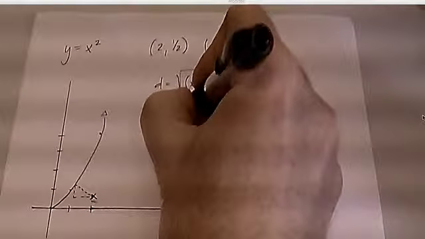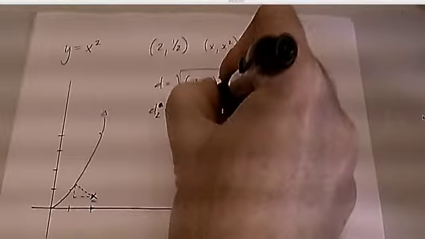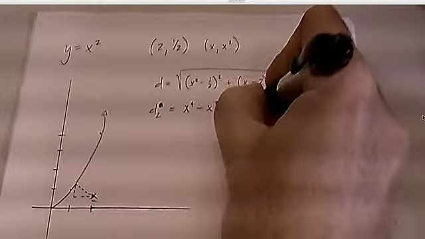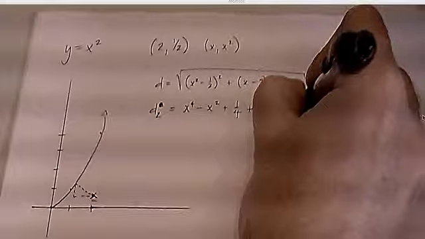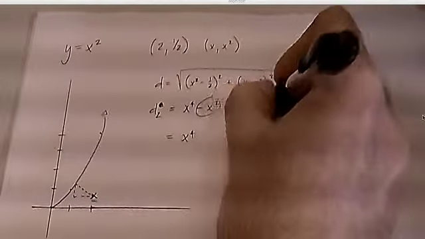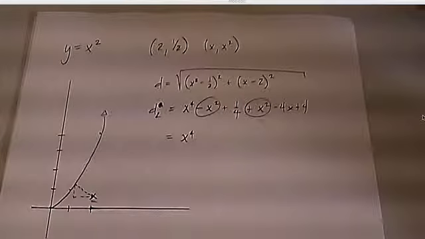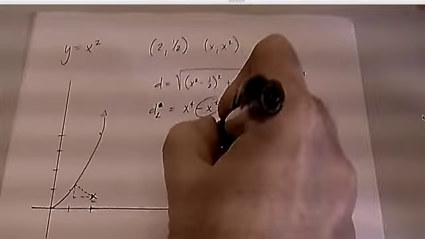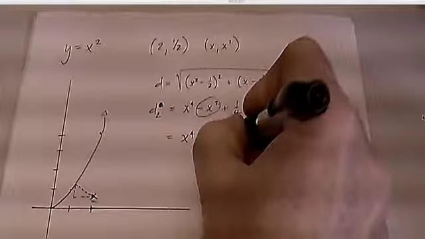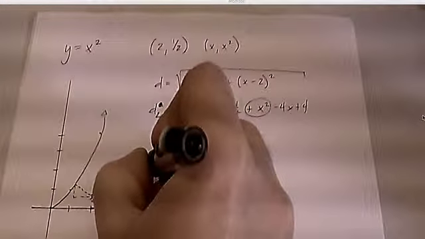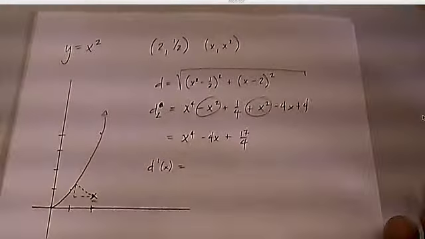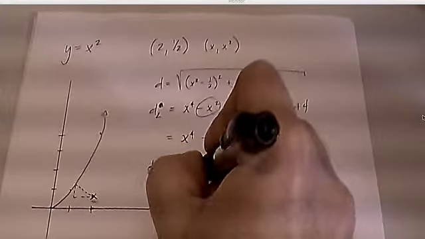And this winds up being x to the 4th minus x squared plus 1/4 plus x squared minus 4x plus 4, or x to the 4th, that and that conveniently cancel out, minus 4x plus 4 1/4, okay, so 17/4.